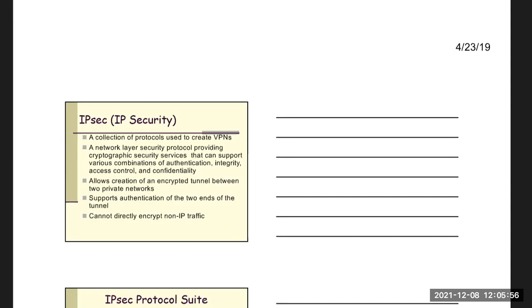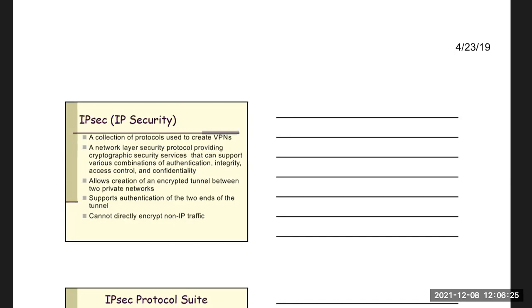In that case, we send authentication without encryption. IP security provides this authentication.